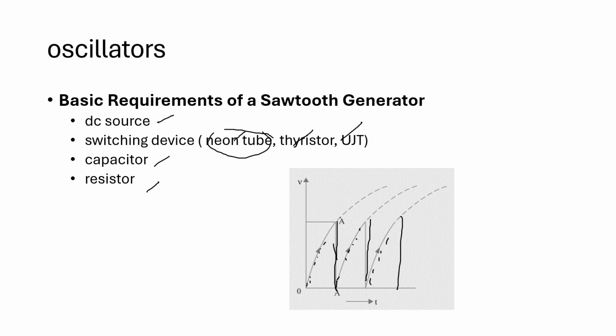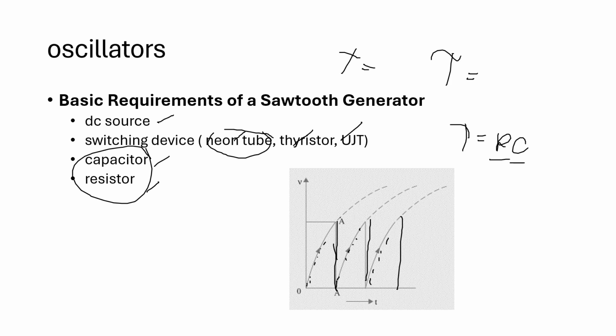Okay, so since we have an RC circuit here, the voltage current characteristics of your RC circuit play an important role in the operation of such a generator. By restricting the time interval equal to the time constant, our formula for the time constant is equivalent to the resistance value multiplied by the capacitance.